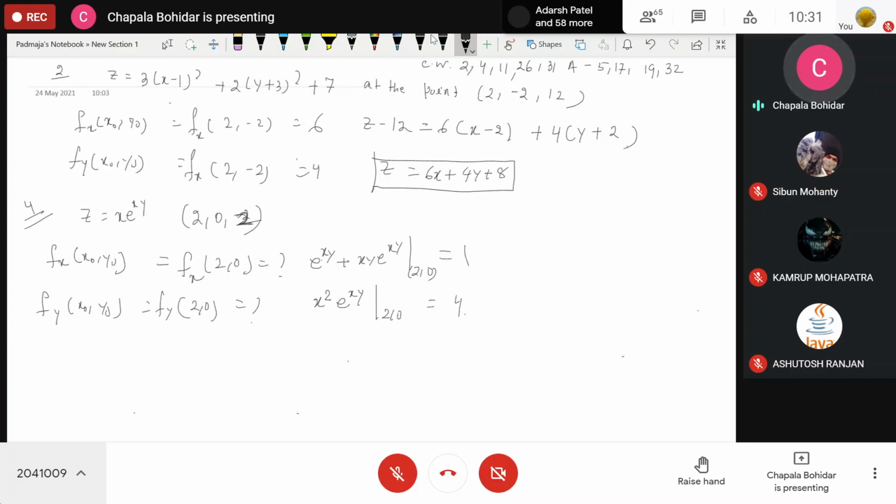Okay, so now the equation of the tangent plane is z minus 2 is equal to 1 into x minus 2 plus 4 into y minus 0. Simplify. Z is equal to how much?